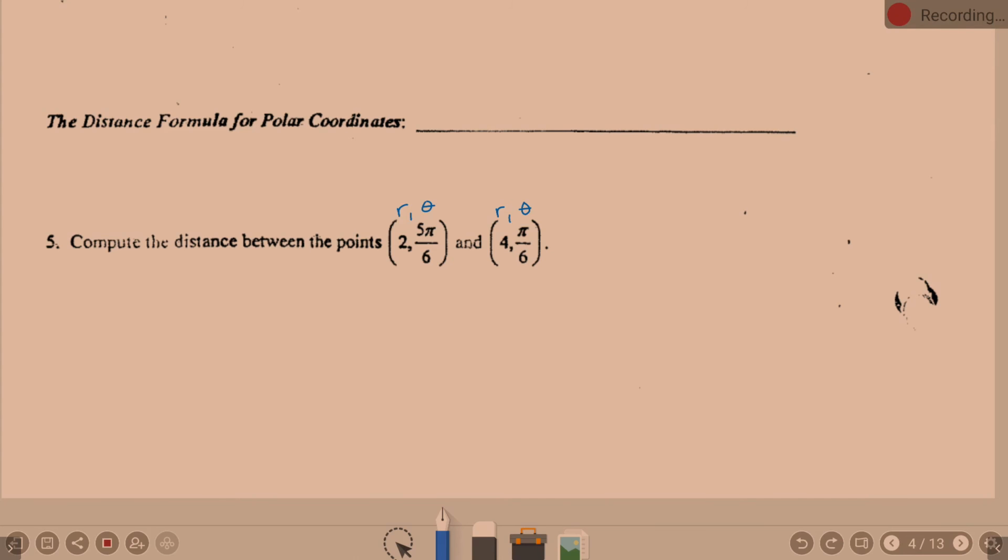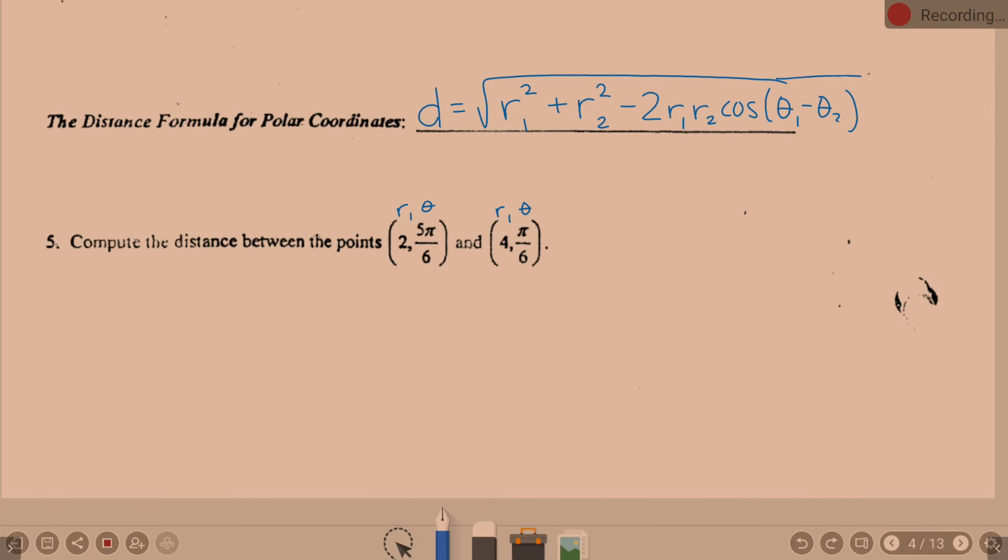Now, our distance formula for polar coordinates. D equals, well, here's the one thing that's similar. It's a big old long square root. However, r1 squared plus r2 squared minus 2 times r1 times r2 times cosine of theta 1 minus theta 2.